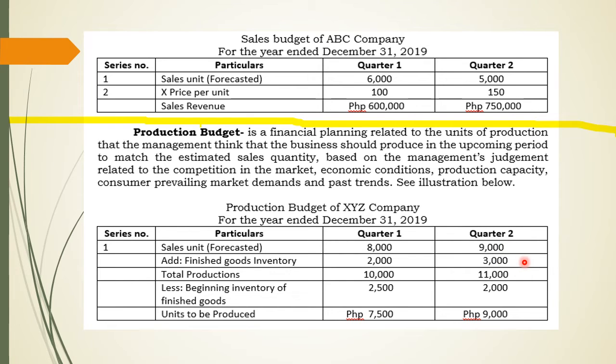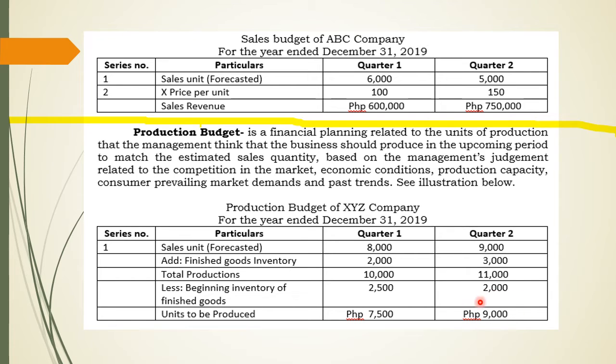Again ha, 9,000 ang projected nga halinon, naa na anay nahumanan sa inventory 3,000, so 11,000 ang imong ibaligya. But then kay naa mga finished goods sa inventory wala na halin during the previous quarter, i-minus to nimo siya.